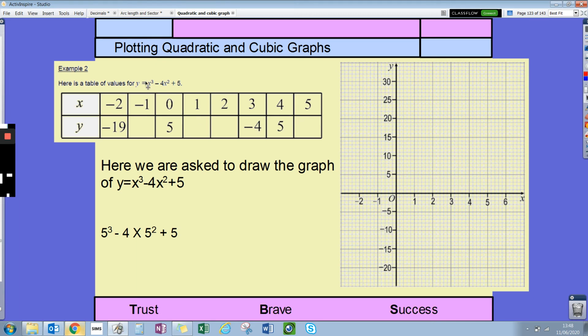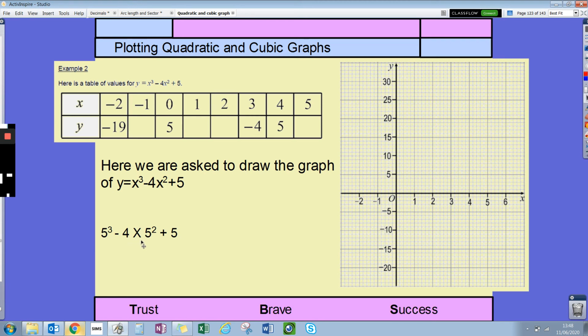So we're going to swap in here for this one, every time we see an x, a 5. So we've got 5 cubed, take away 4 times 5 squared plus 5. So 5 cubed, 5 times 5 is 25, then times that by 5, which is 125.